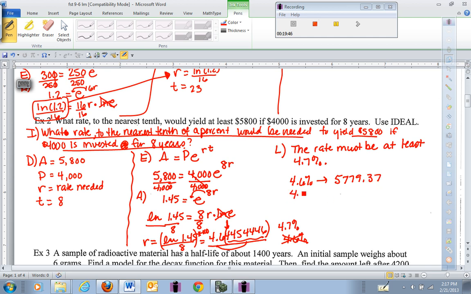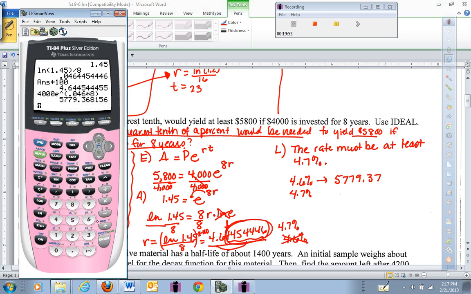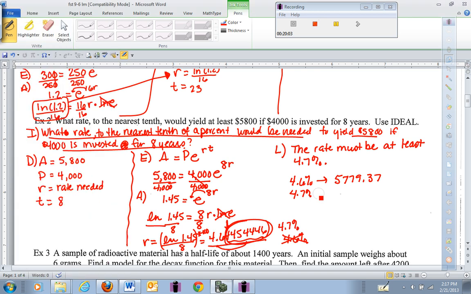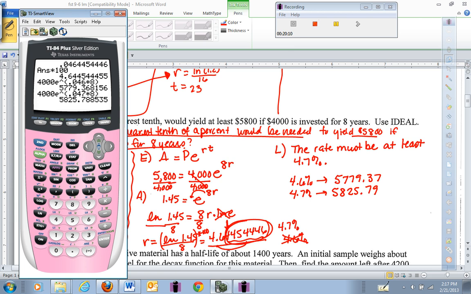If we bump it up to 4.7%, knowing that I'm going to need all of this extra help from these decimal places, let's see if we would have enough money. We would, because now we would have $5,825.79.